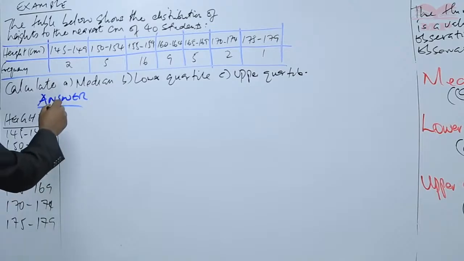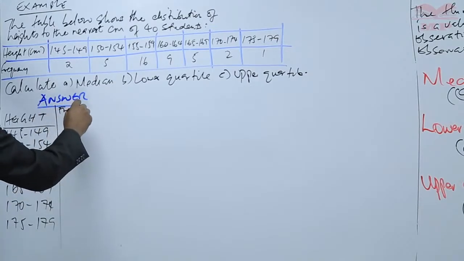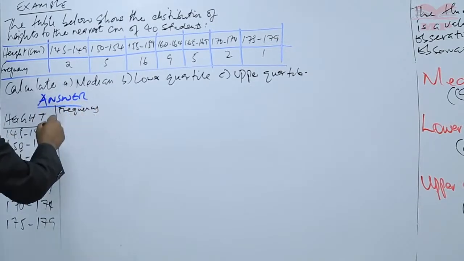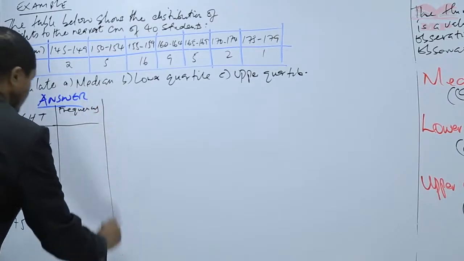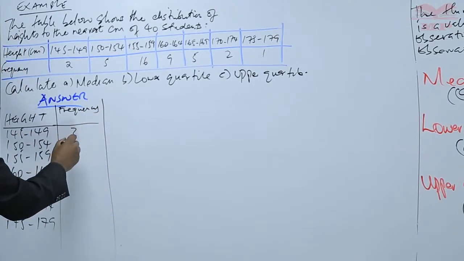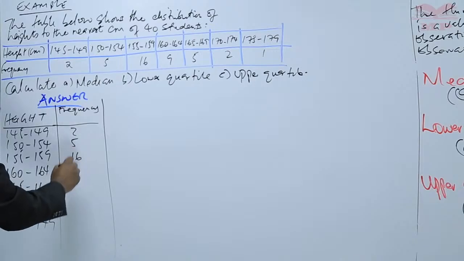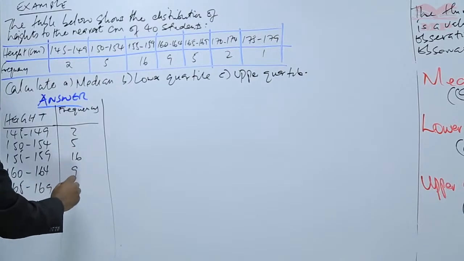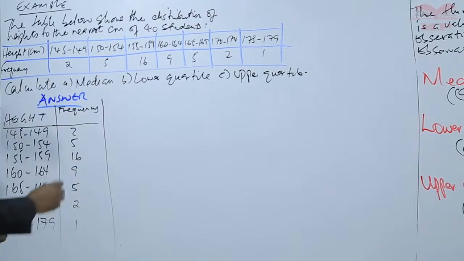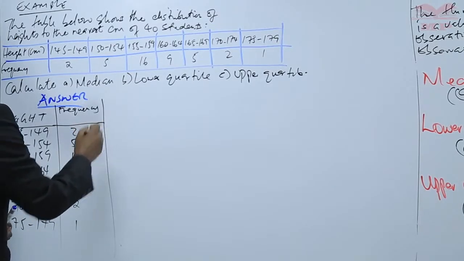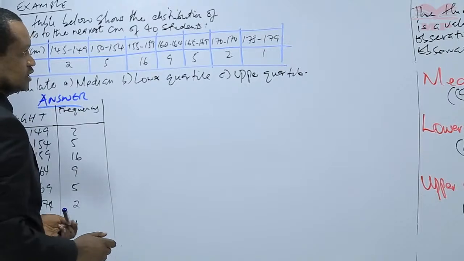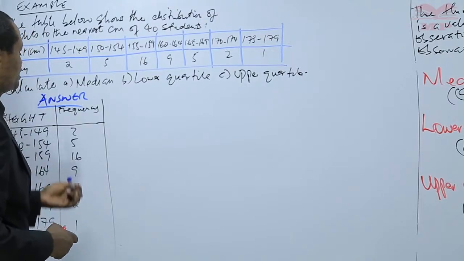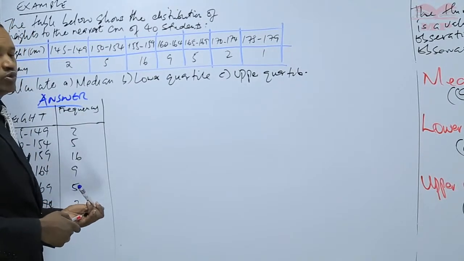Then frequency, we have 2, 5, 16, 9, 5, 2 and 1.